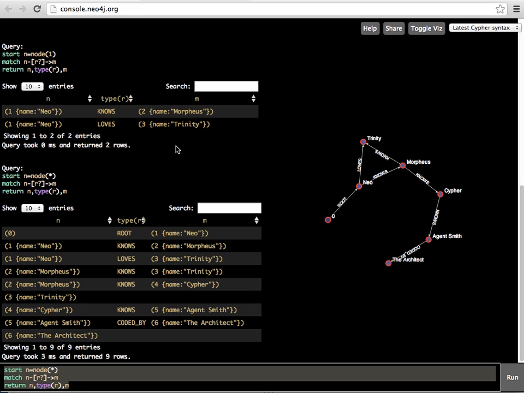And again, I'm not an expert in this language. I'm just learning, but I thought I would pass this along because I've been having a lot of fun learning the language and working with this interface. So here's the query in Cypher, and it's pretty self-explanatory how this works. You can see that Neo knows Morpheus, and Neo loves Trinity, showing one of two, and this is the query result.